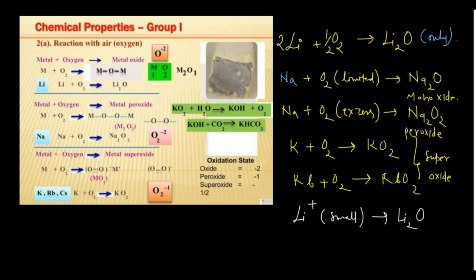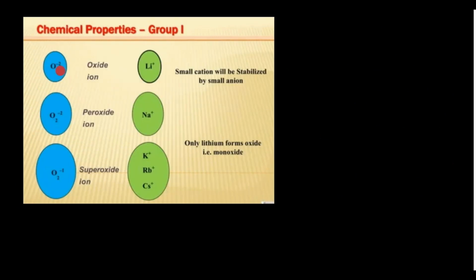This is something very, very important again. Sodium and the rest of the metals are very large, so they can stabilize the larger ion also. That's why they form peroxides as well as superoxides along with the oxide. This is again the same slide: this is your oxide ion, this is your peroxide ion, this is your superoxide ion.